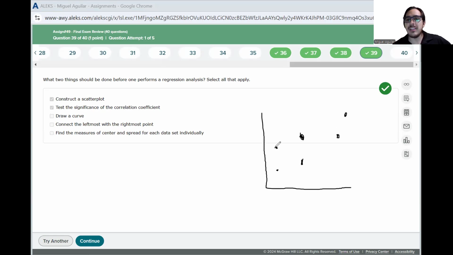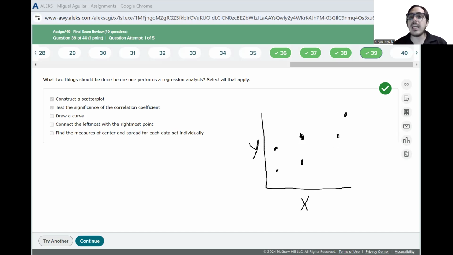Again, it's not real data. I'm just putting points on the screen. But right there, even just squinting, we can see that there appears to be a positive relationship between the X variable and the Y variable, okay? So because we have a visual idea that there's a relationship between those two variables, that one has an effect on the values of the other, then we might want to go ahead and perform a regression analysis.